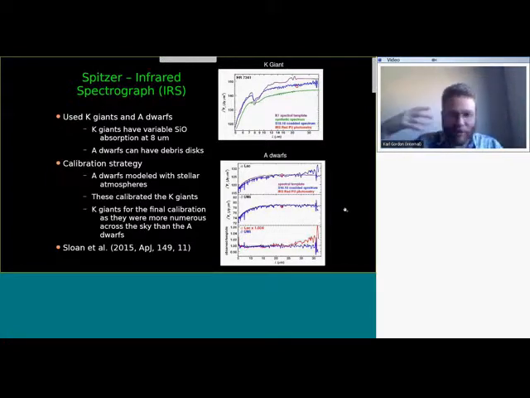It's not as easy to predict even with more information. And this is shown here in this upper plot for the K-giant, where you see a synthetic spectrum from a model in green, and then in purple there's a spectral template. So a lot of times, if you can't model it with a stellar atmosphere, maybe you can make a template based on other observations, and that template you might use. And where that is the actual blue co-added spectrum.